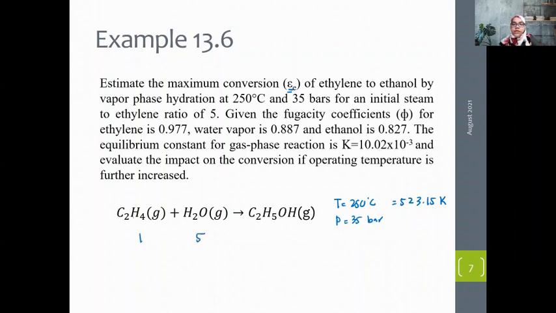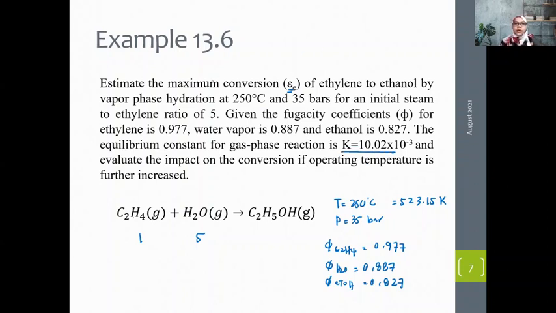The fugacity coefficients are also given: ethylene C2H4 is 0.977, H2O is 0.887, and ethanol is 0.827. K is also given.